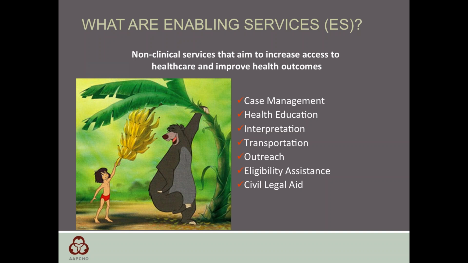If you are looking at Table 5, you would notice there is a place to list the number of FTEs, the number of full-time staff members you have who provide enabling services in the categories of case manager, patient and community education specialist, outreach workers, transportation staff, eligibility assistance workers, interpretation staff, and there's a place to note an other type of enabling services staff.